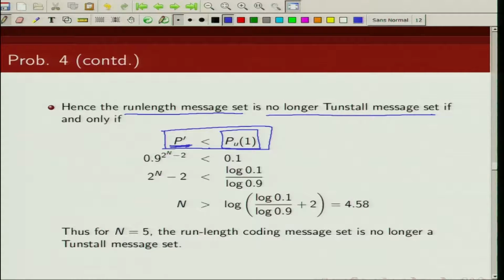In that case our run length message set is no longer going to be a Tunstall message set.